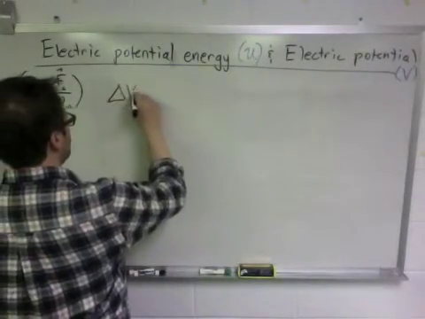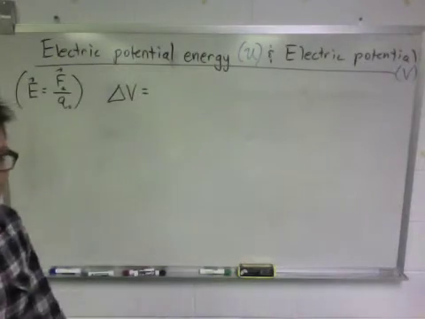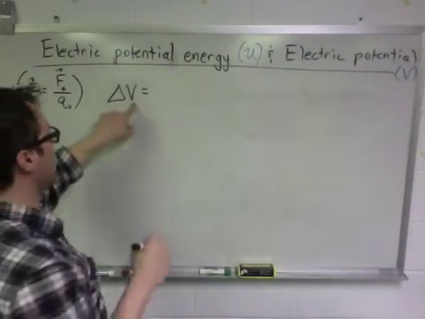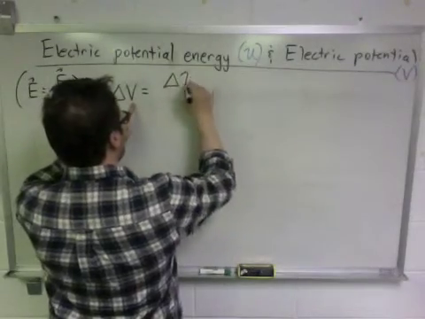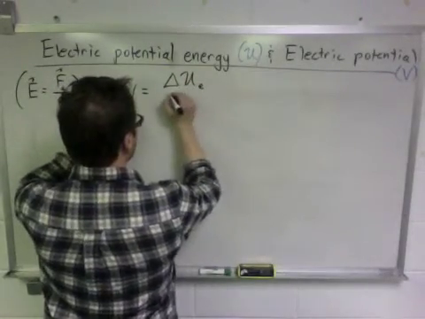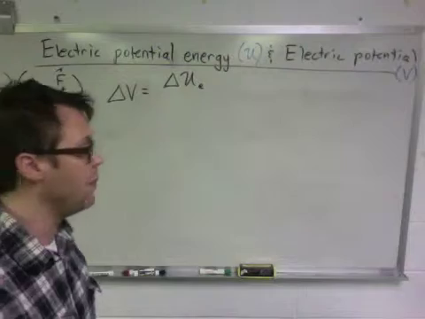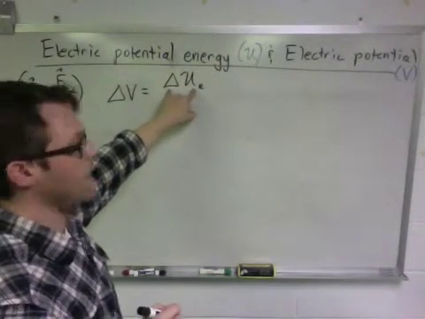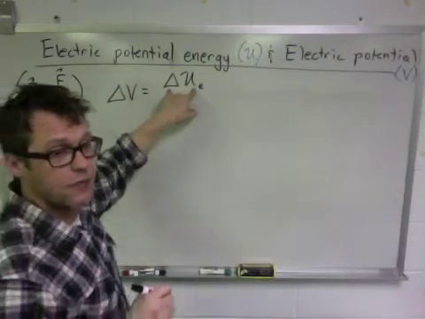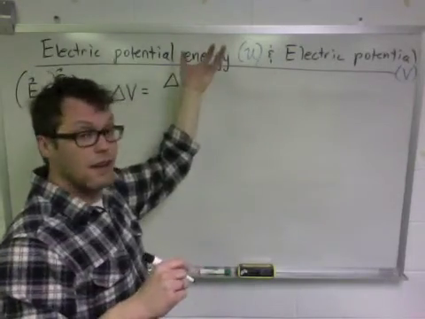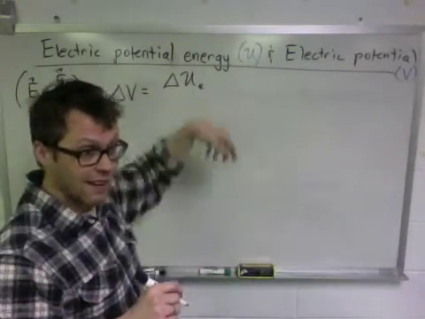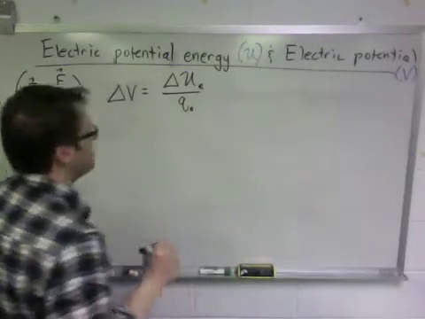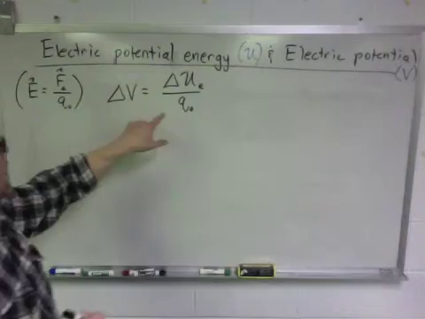In this case, a charge will undergo a change in electric potential if it undergoes a change in electric potential energy, delta U_E. That is, if a charge either gains or loses electric potential energy, if it moves up or down in an electric field, then it will also undergo a change in potential.